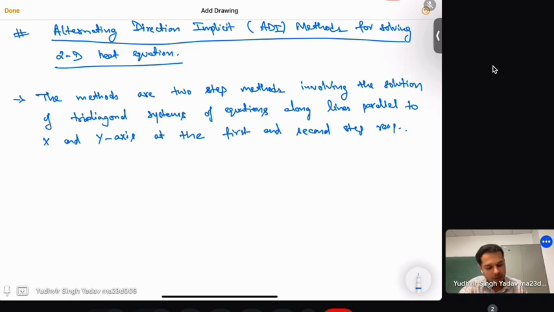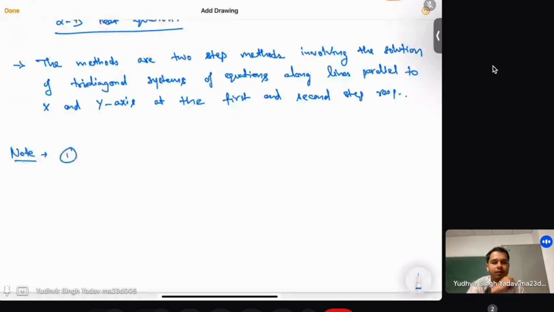The main difference is that while solving the two-dimensional heat equation using the Crank-Nicolson scheme or the skimmed scheme, we will obtain a pentadiagonal matrix, which will be difficult to solve, as we already know how to find the solutions for a tridiagonal matrix.